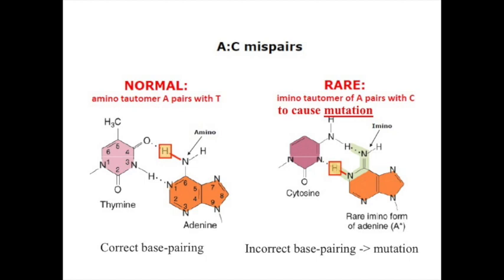So if this was happening, incorrect base pairing could then cause mutations. And this is what Lodin proposed.